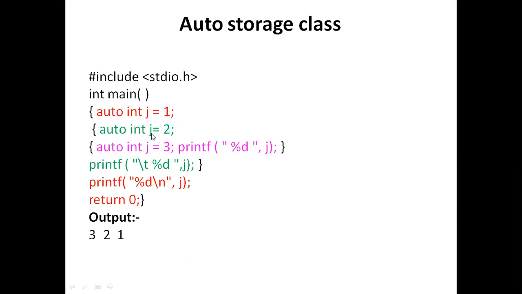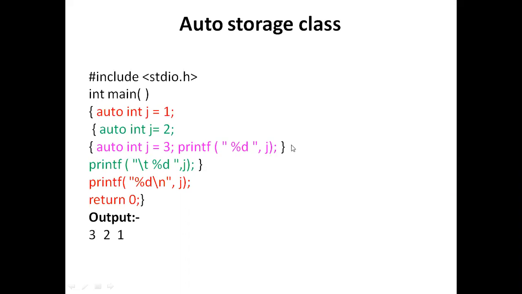Then once again, inside one more block, I declare auto int j is equal to 3. Then printf percentage d j, and the value displayed is j is equal to 3. The scope of this j is equal to 3 started here and ends here.